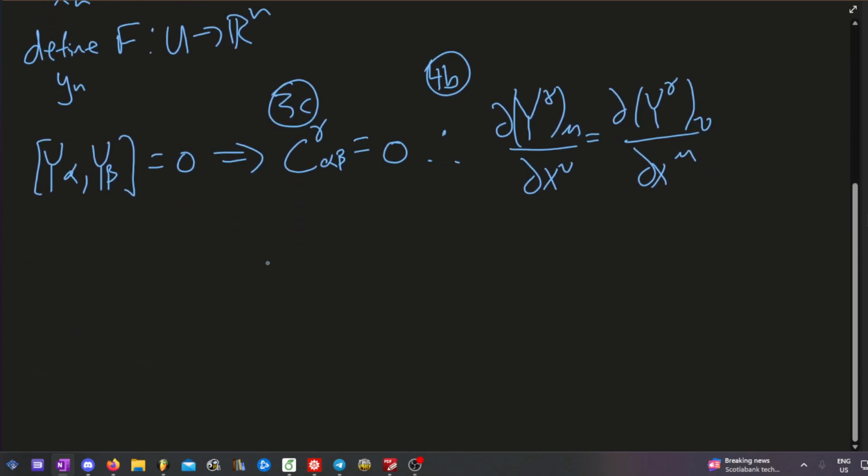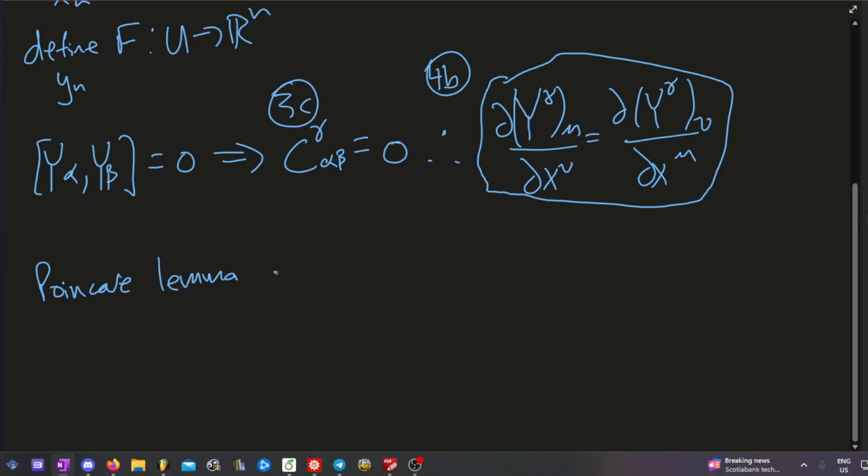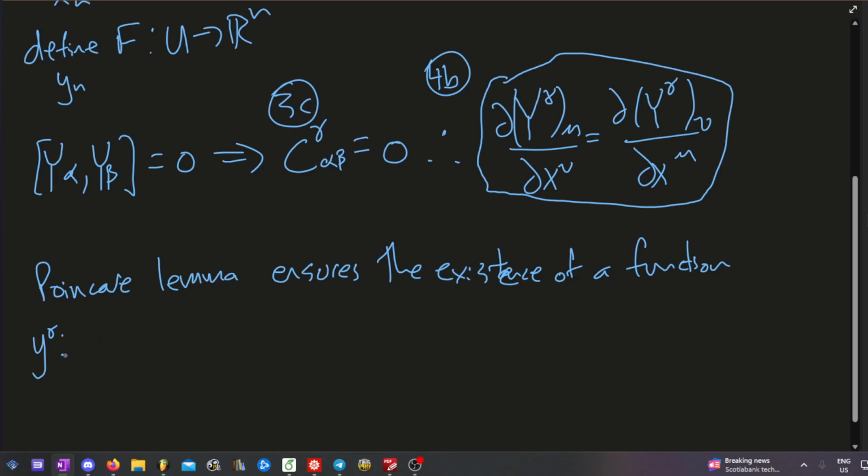So let's go ahead and write this down. So since we have this relation being true, the Poincare lemma ensures the existence of a function, call it y gamma, mapping from U to R^n, such that this holds.